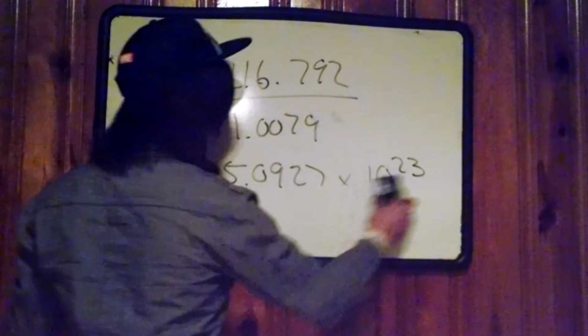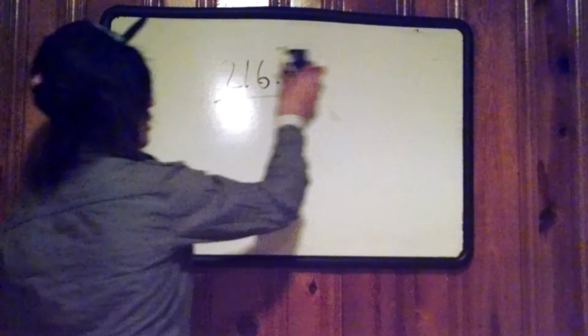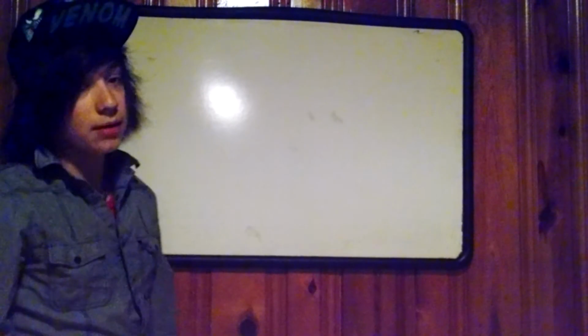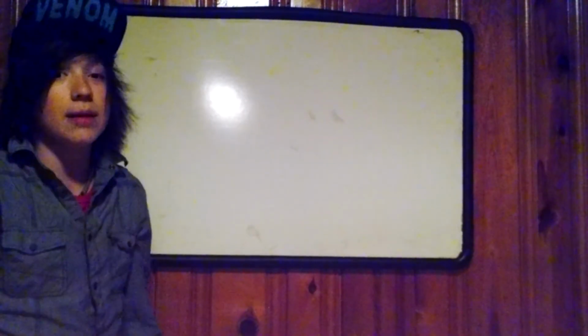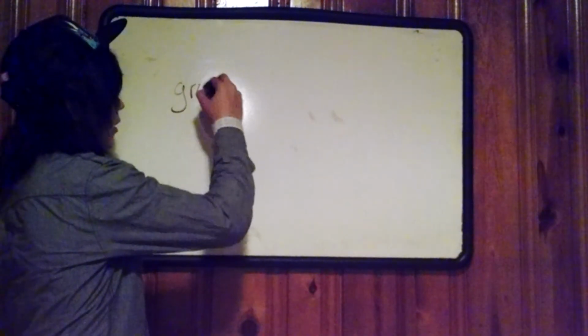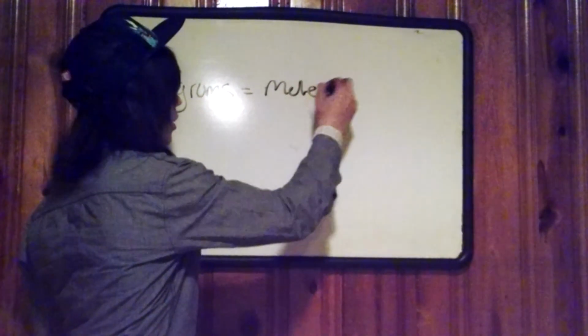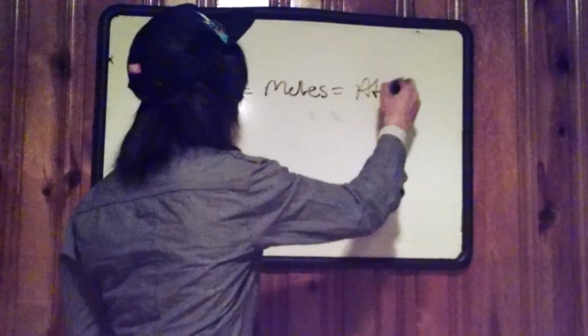Now, to recap what we learned, grams can be converted to moles, grams can be converted to atoms, and moles can be converted to grams. All have a relationship to each other, meaning that grams is equal to moles, which is equal to atoms.